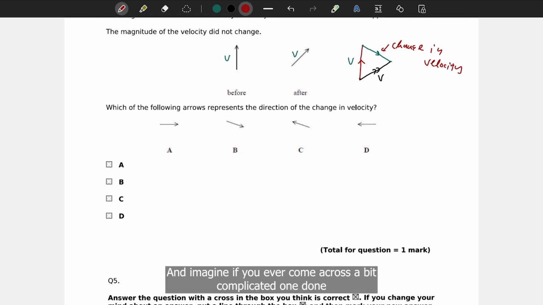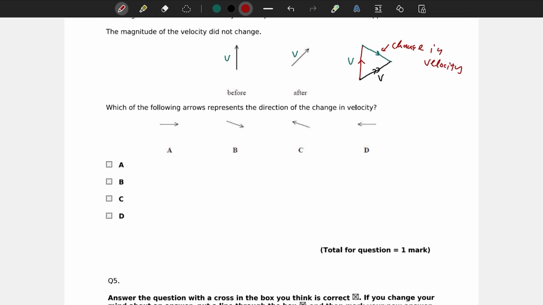Imagine if you ever come across a bit more complicated one than this. In unit 4 we have more complicated questions. So if you ever come across a question like that, you have to use an in-depth, methodical method, like this one that I'm going to teach you now.